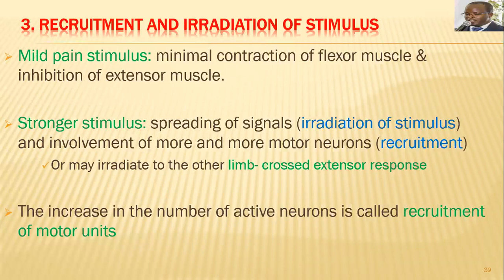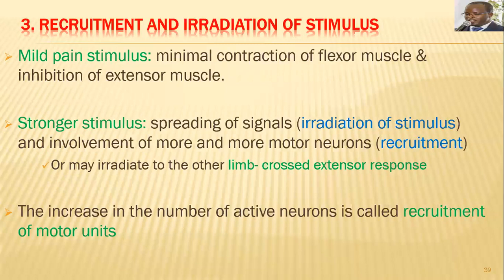Of course, you're going to cause flexion of the limb or the leg to move away from that sharp object. And then the information is going to irradiate to the next segment so that you have extension of the other leg to support your weight. That we call the crossed extensor response.